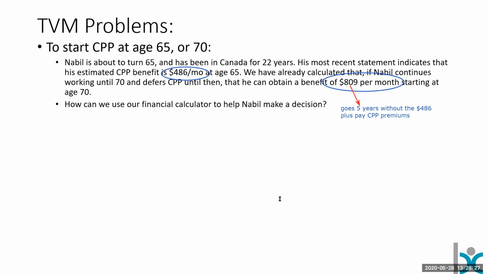Now, I'm going to ask, I think, what's a fairly obvious question. So if Nabil dies at age 68, what was the right decision?